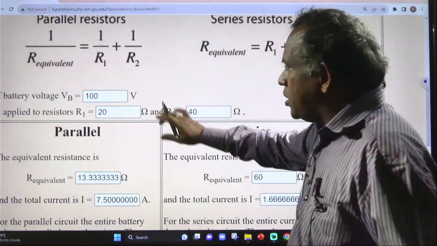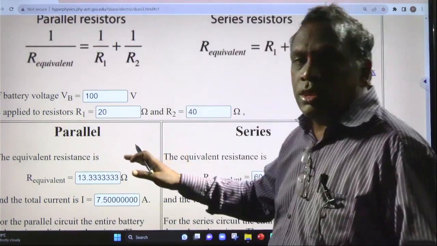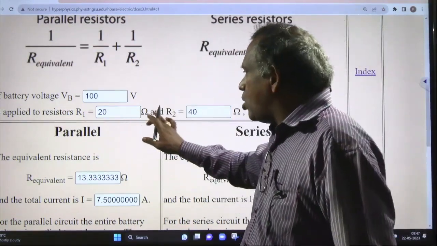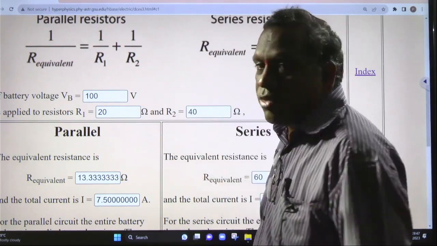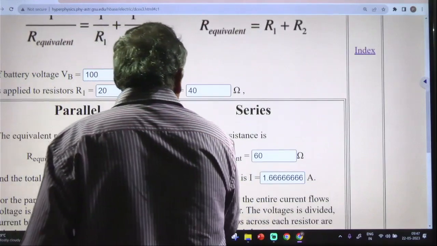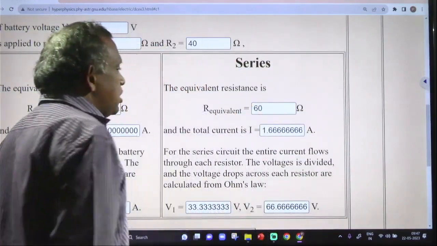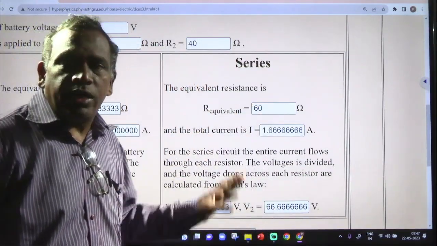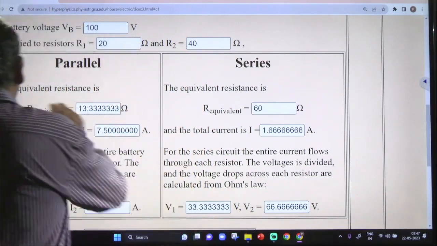Now the same question, 100 volts, 20 ohms and 40 ohms, but in series connection, what is the answer? In series connection, R equivalent is 60 ohms. How did you get this 60 ohms?